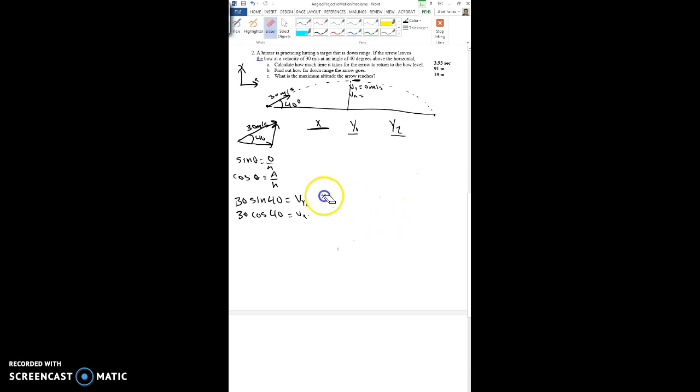Now that we have those, we can determine the knowns and unknowns in this portion of the problem. In x, the initial velocity is 30 cosine of 40. The initial velocity in the y direction, Vy1, is 30 sine of 40 degrees.